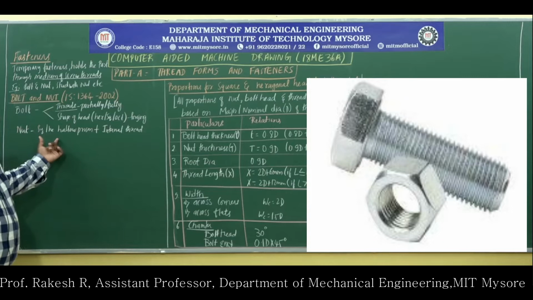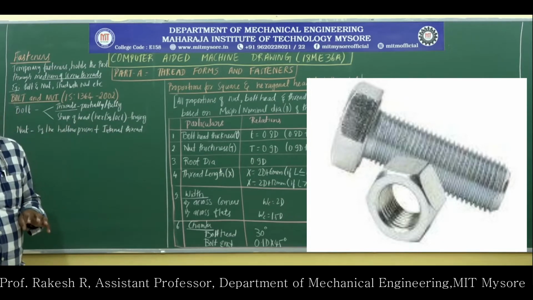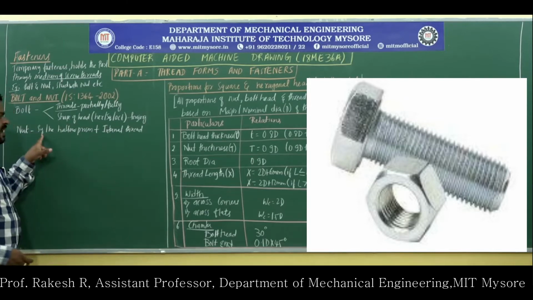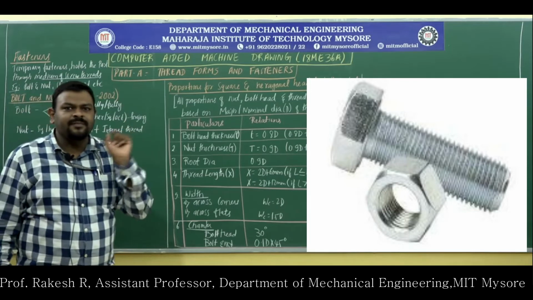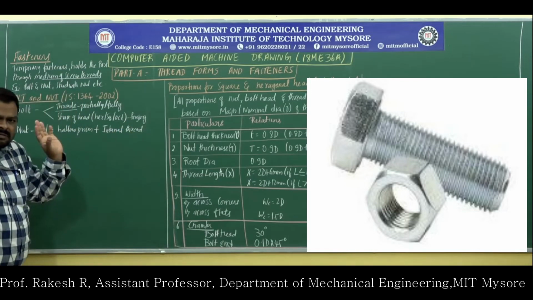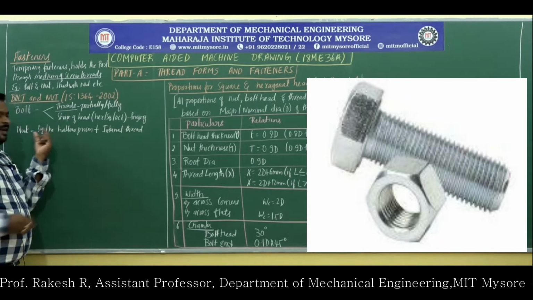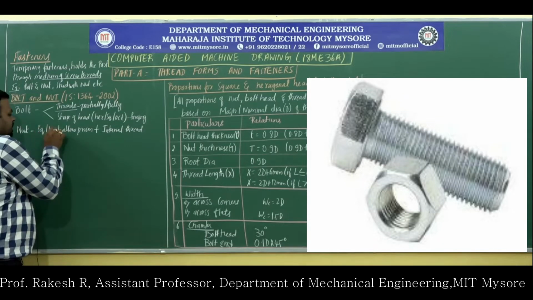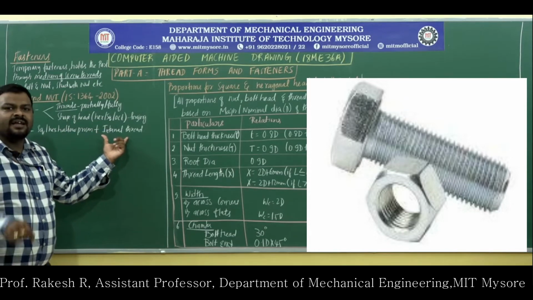It can have square or hexagonal hollow prisms. In order to remember the definition, remove the word symmetrical: just square or hexagonal hollow prisms with an internal thread. That is also okay.